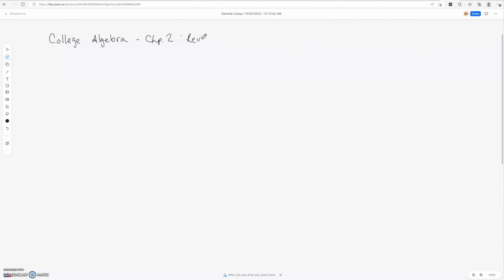And so I'm going to start with number 1, which is asking for you, actually 1, 2, and 3, they're asking for you to find the distance and the midpoint between the points that are given.